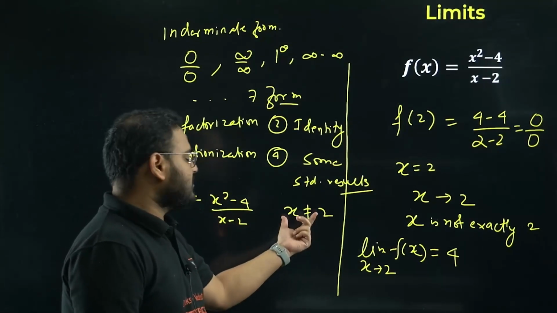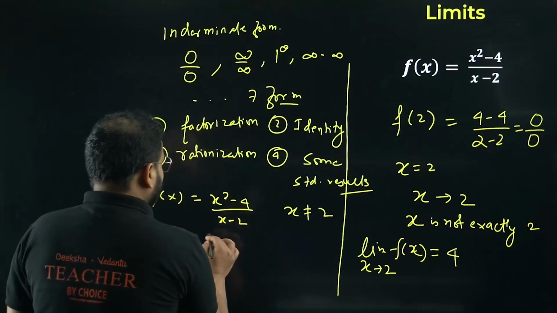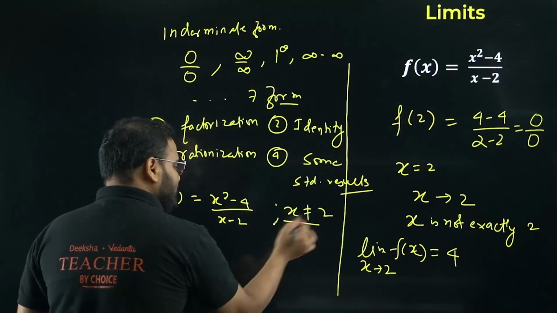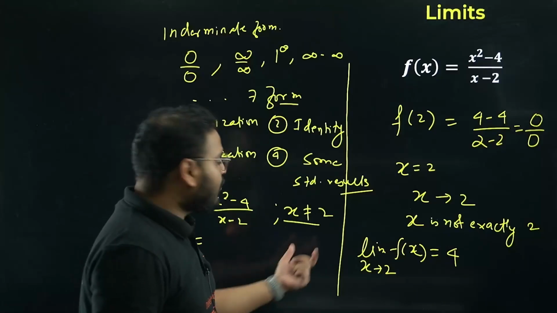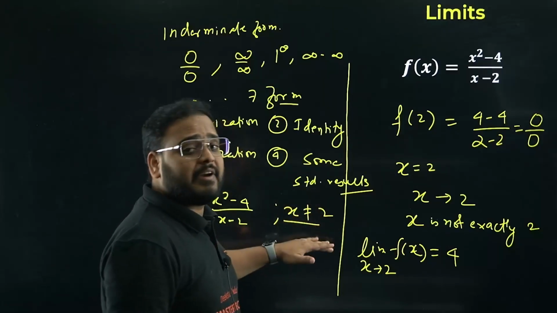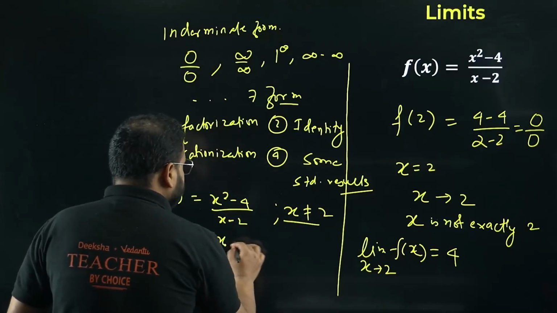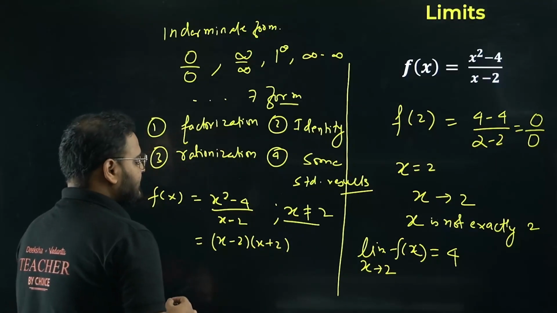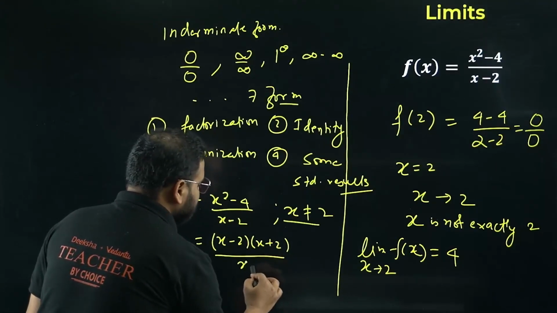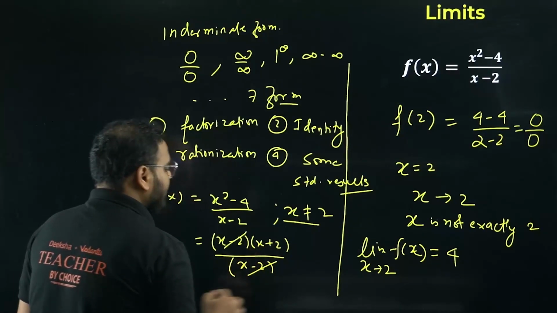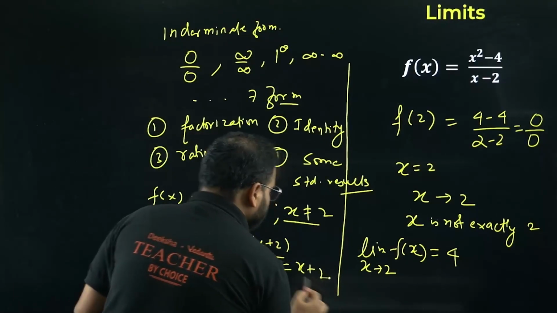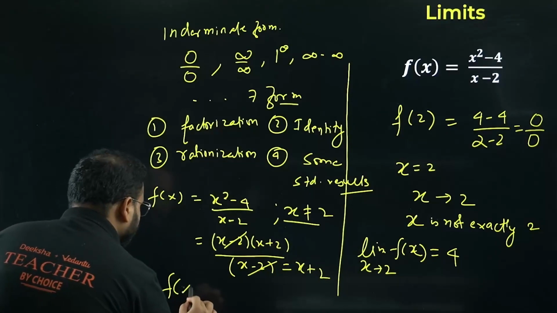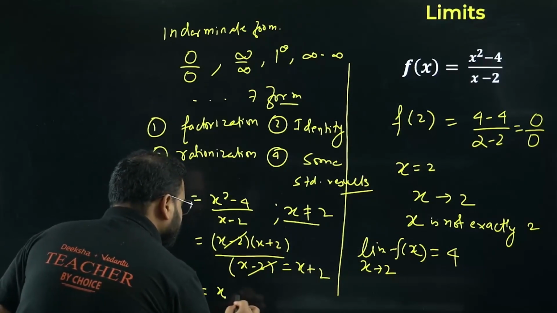When this is true, I can factorize this. Before writing this I cannot factorize, but after writing this we can. It will become x minus 2 and x plus 2, divided by x minus 2. Cancel. What I get is x plus 2. So my f of x has become x plus 2.